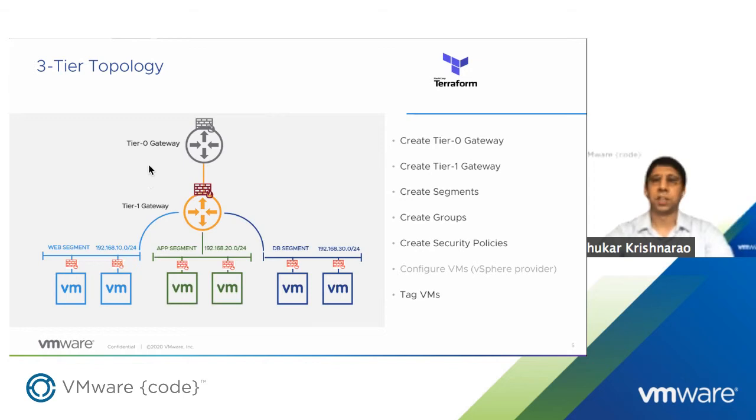I want to change its network so that it's connected to the segments that I just created. For all of that, I need to be able to talk to vSphere and automate that part. So we'll see how to do that. Finally, I'm also going to tag the VMs so that the dynamic groups within NSX-T can read the VMs, and then enforce your firewall policies.